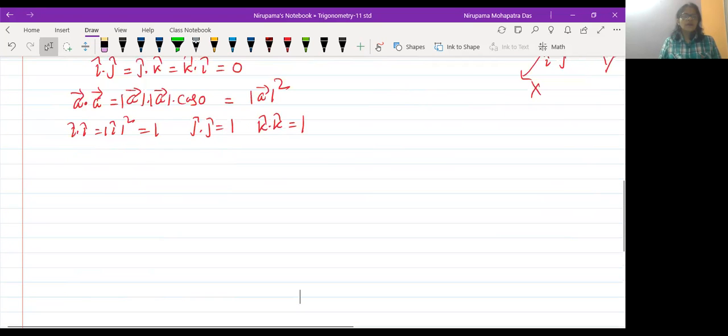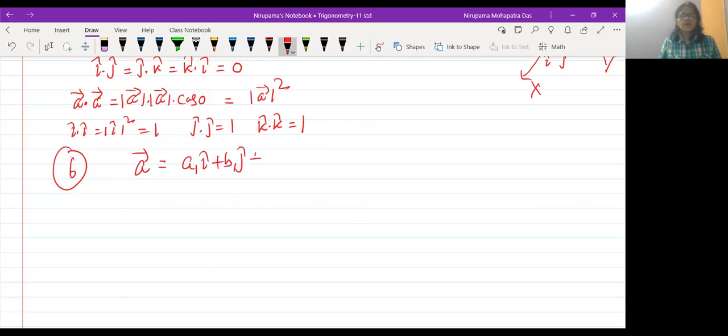And the sixth property says, whenever we are given vectors in component form, suppose for example, you are given A vector is A1 i plus B1 j plus C1 k and B vector is A2 i plus B2 j plus C2 k.